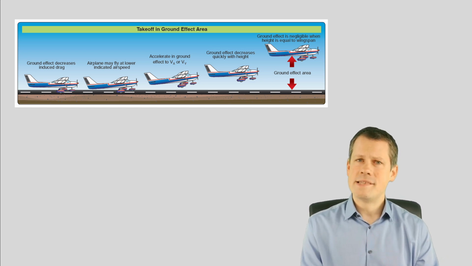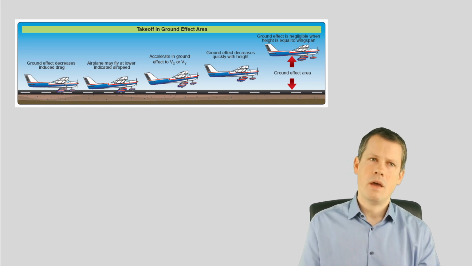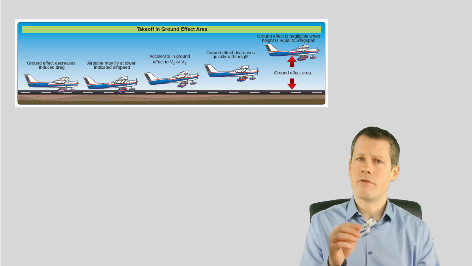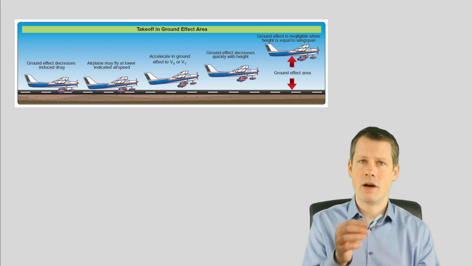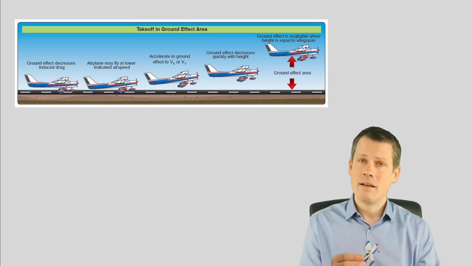Another mistake would be to not properly fly the airspeed. Now let's say I want to take off over some obstacles, so I really want to fly my Vx speed until, let's say, 500 feet above ground. I will only have this best angle of climb speed if I really fly this speed.